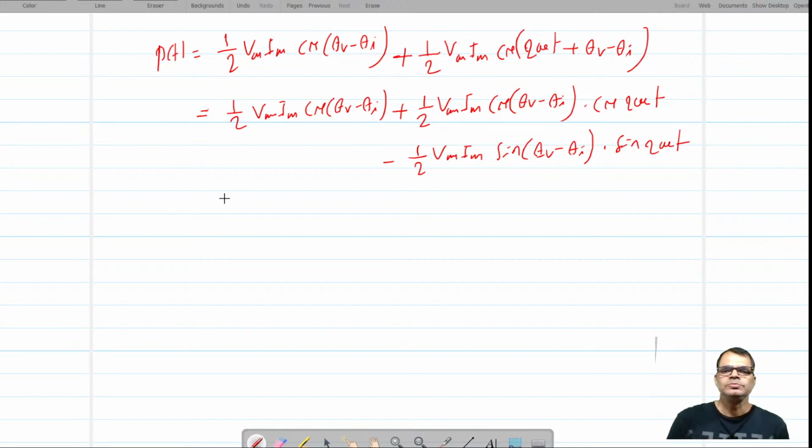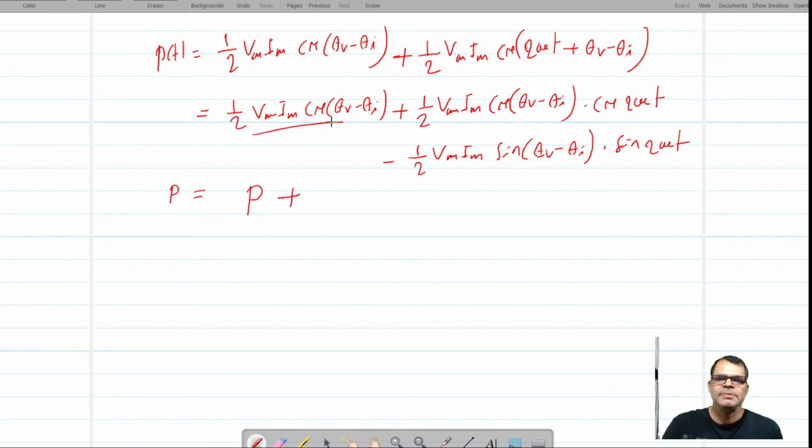So I will designate the instantaneous power small p is equal to capital P plus capital P cos 2 omega t minus Q sin 2 omega t.